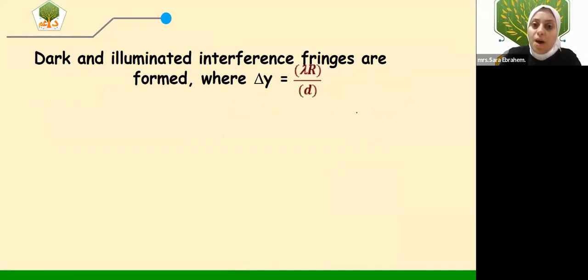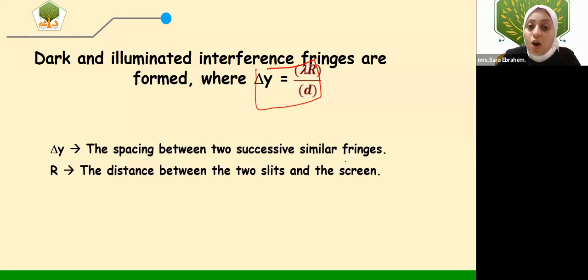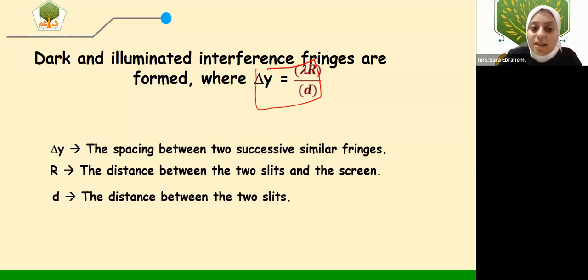To determine the wavelength we use our rule: delta Y is equal to wavelength times R divided by D, where delta Y is the spacing between two successive similar fringes, R is the distance between the slits and the screen, and D is the distance between the two slits.